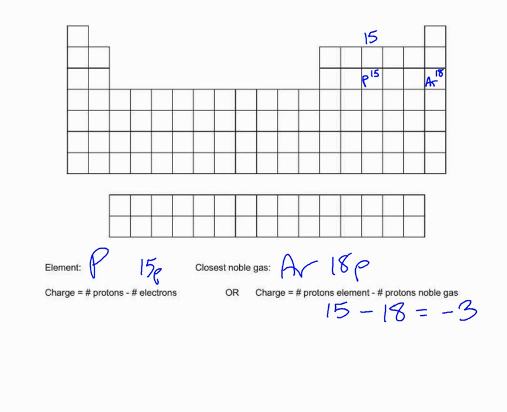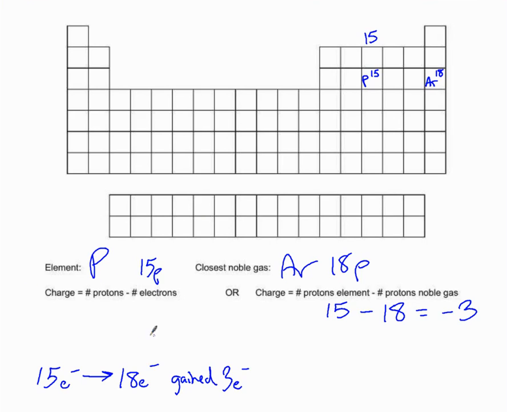Here's what's going on in terms of the electrons. A neutral phosphorus has 15. The ion has 18 electrons. So what happens is we have gained 3 electrons, which is where we get this negative 3 charge, because each electron has a negative 1 charge.